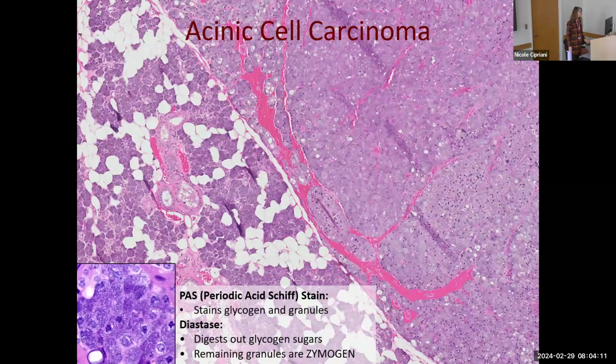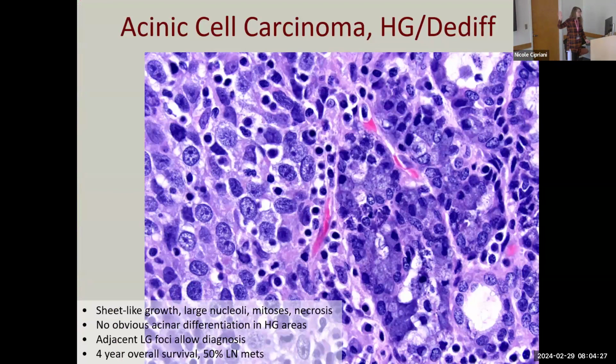So here's an example of low-grade acinic cell carcinoma, normal parotid on the left, tumor on the right, and then here are your diastase-resistant zymogen granules. If you can see the zymogen granules on H&E, I don't usually use this, but it can be helpful in cases of high-grade transformation or so-called dedifferentiation.